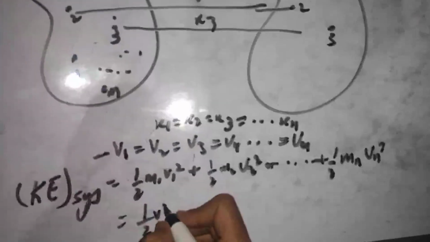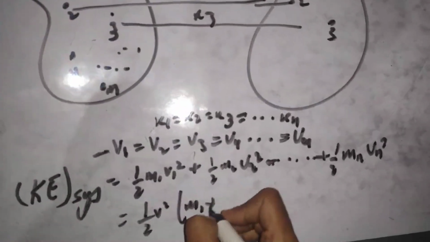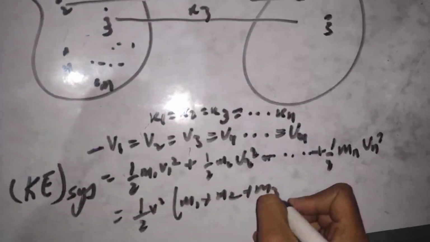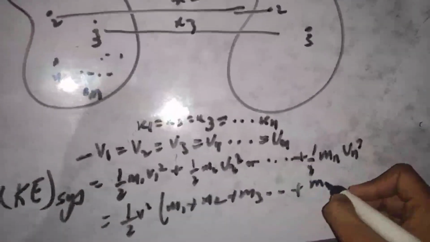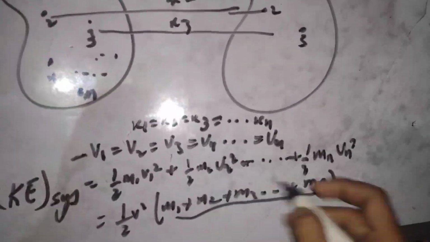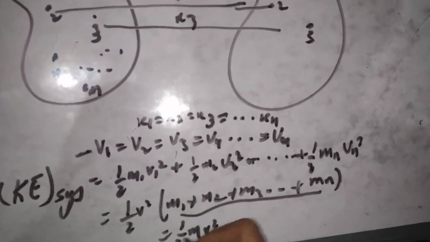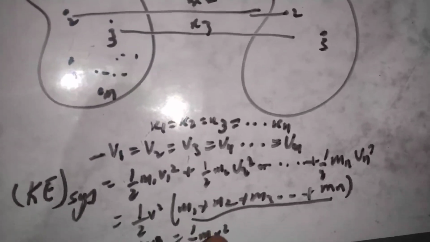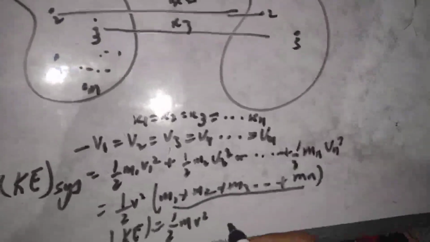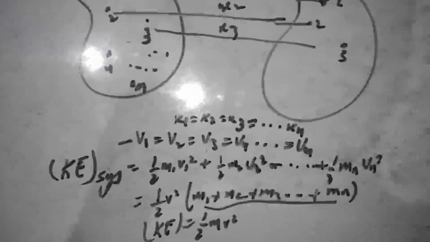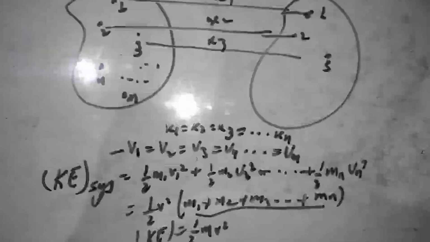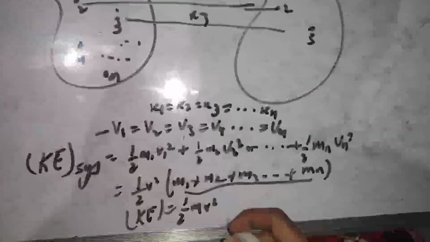So this is half v square times m1 plus m2 plus m3 up to mn, and this is actually the mass of the body. So this is half m v square, where m is the mass of the system. This is how we find the kinetic energy of a rigid body where the velocities of all particles are the same.